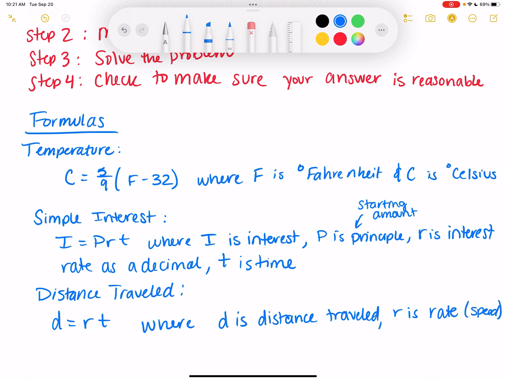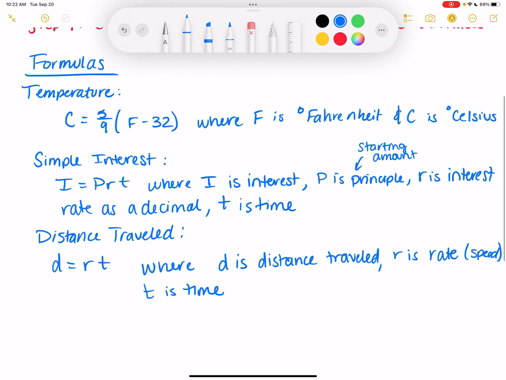Most often in here, it's going to be miles per hour. On occasion, it might be like miles per minute, but that's fine. And T is time again. If it's miles per hour, the time would be in hours. If it's miles per minute, time would be in minutes. So it's just dependent there.